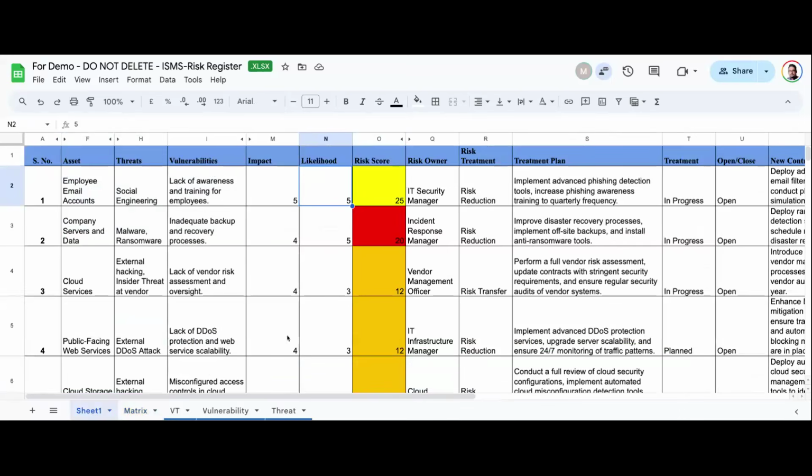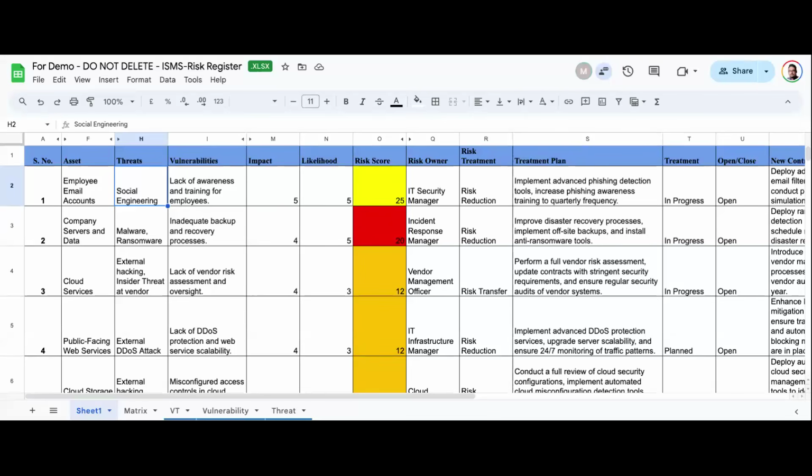So now we'll come back to this sheet. Now we'll take some real examples. In this case, we need to first of all understand what all assets a company has. Every company will have different assets. So for example, let's say I've taken employee email accounts, email IDs of people. What is the threat in this case? Social engineering. People can call, they can try to identify what the email accounts are.